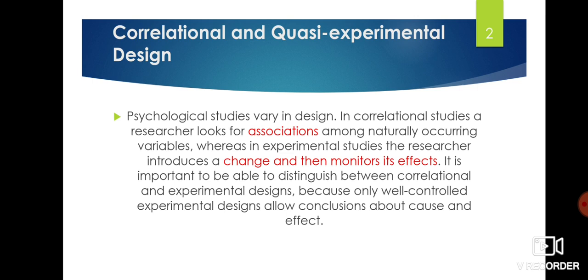So, habang tumatanda ba yung tao, mas lalo ba siyang nagiging matalino? So, if the age increases, does the intelligence also increase? What kind of correlation kapag ganun yung nangyari, parehas pataas? We call that, class, the positive correlation.